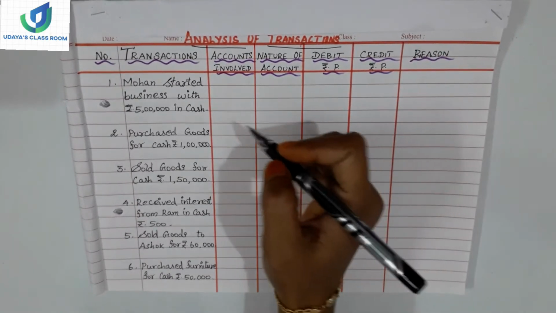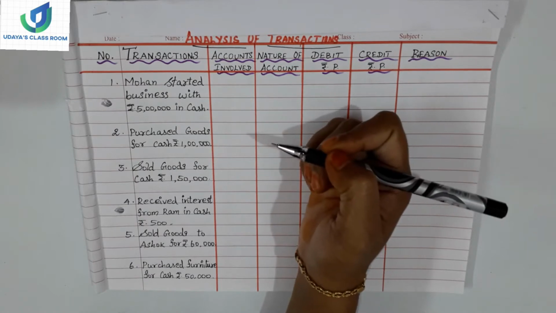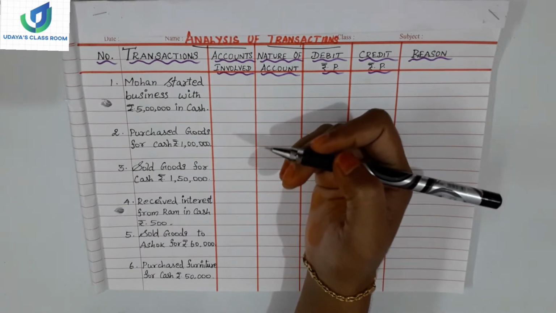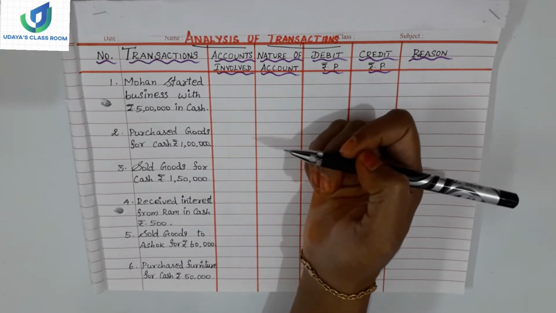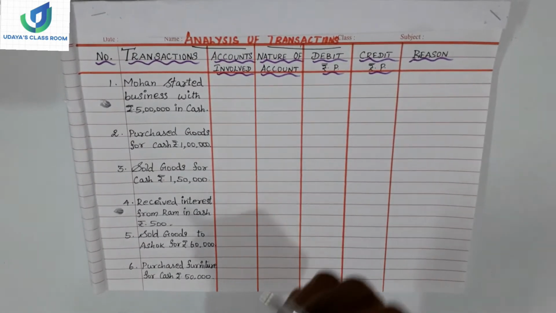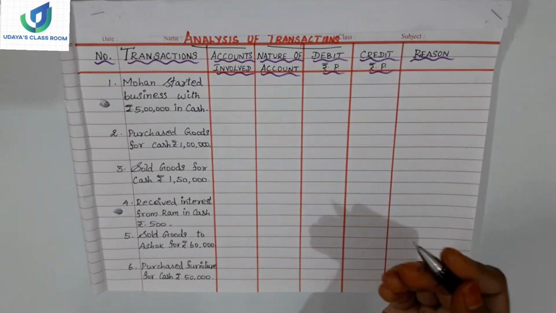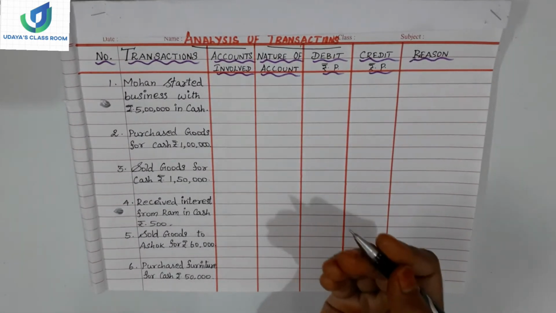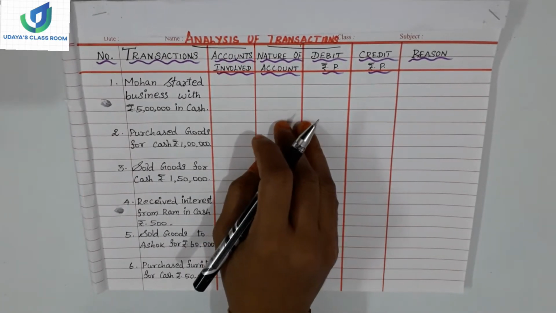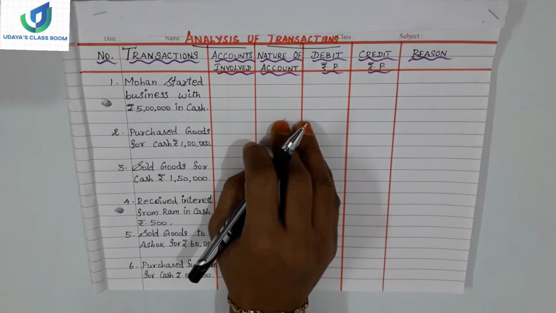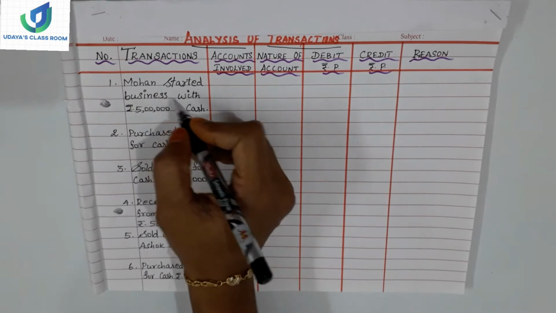So in this sum, we are going to analyze the transaction properly: how many accounts are involved in one transaction, what is the nature of the account, whether the particular account is to be debited or credited, and what is the reason for debiting and crediting. Everything we are going to analyze very precisely. Come, let's see the first transaction.